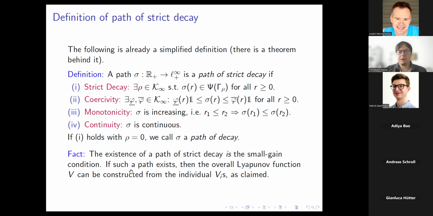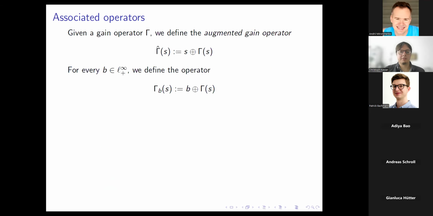So actually what we're aiming at is characterizations of the existence of such a path, which can be verified, at least in certain examples or certain classes of gain operators. So the rest of the talk is dedicated to finding conditions for the existence of such a path, which are somewhat easier to understand or to apply. Are there any questions until here? If not, let me continue.